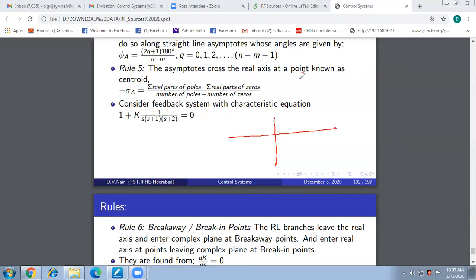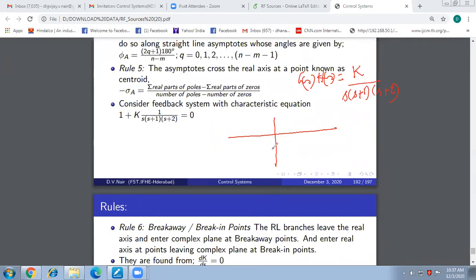So what is G(s)H(s)? Because for the root locus, what do we require as the starting point? The open loop transfer function G(s)H(s). And here G(s)H(s) is equal to K upon s into (s plus 1) into (s plus 2). This is what you did first. Got G(s)H(s) known.